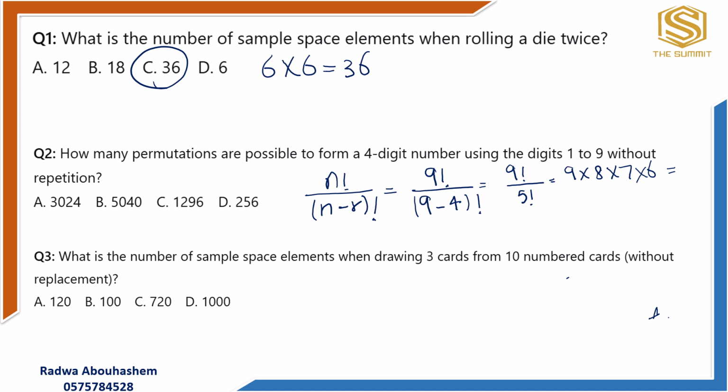So I give you 3024. Now, what is the number of sample space elements when drawing 3 cards from 10 numbered cards without replacement? Okay, so I took 3 cards out of 10. He's asking me how many ways. So again, the permutation.